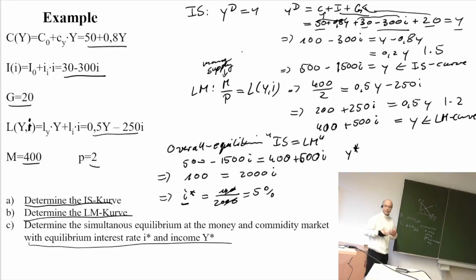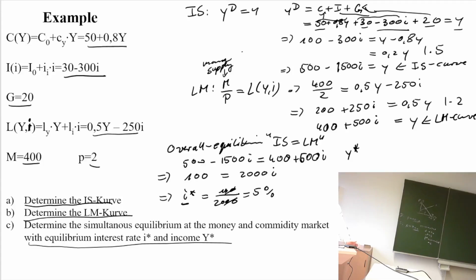And this is quite important that you really realize that the concepts are always the same. So now we have an increasing function. It is not the supply curve, it is the LM curve now. We have the decreasing function as in this money market, as in this classical market equilibrium, the IS function.